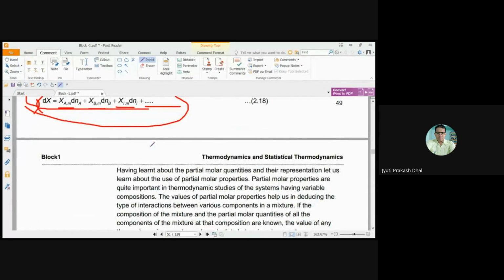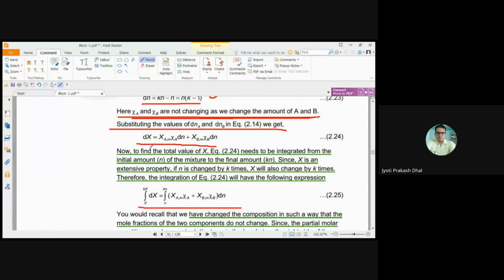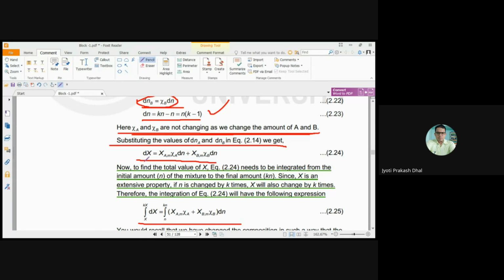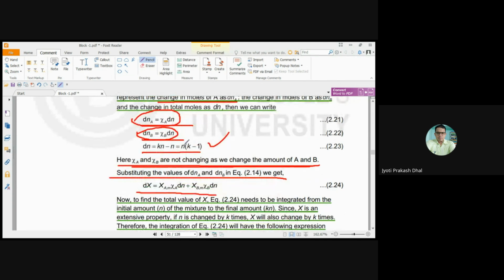Now, if we use this equation 2.14 and replace the values of dnA and dnB, we can write dX equals XA-bar into chi A dn, where chi A is the mole fraction of A, plus XB-bar into chi B dn.